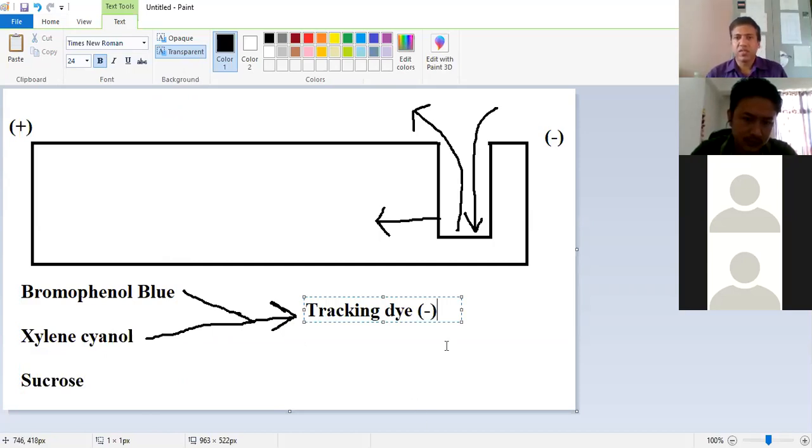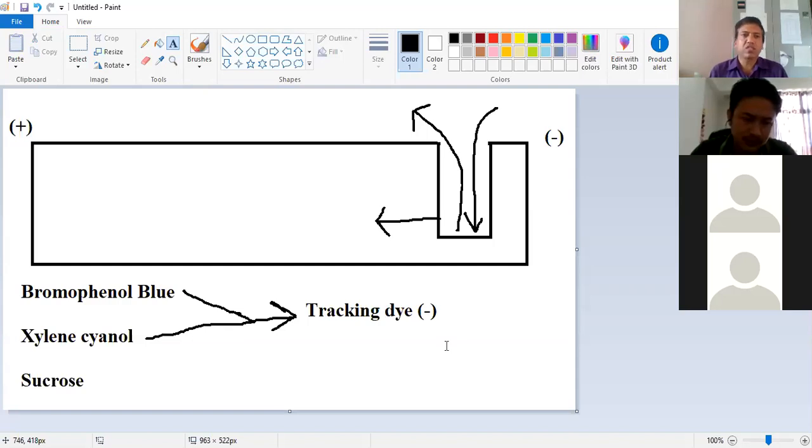So these two dye, the first dye, bromophenol blue, it is blue color, navy blue. And the second one, xylene cyanol, it is violet color. And the bromophenol blue, it is called backward dye. And this second one, xylene cyanol, it is called forward dye.